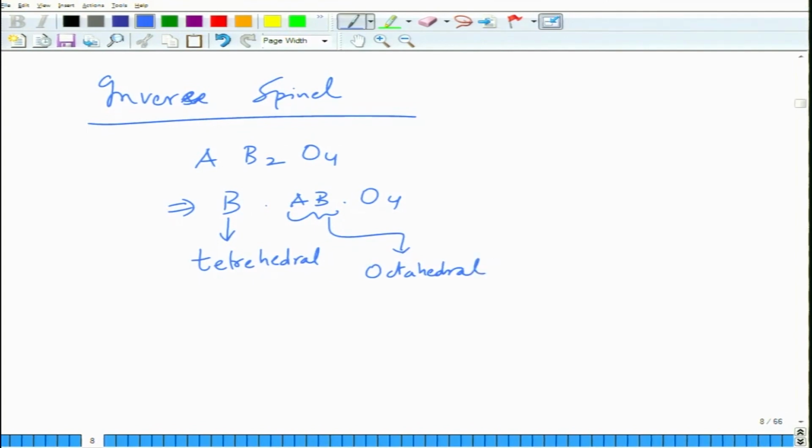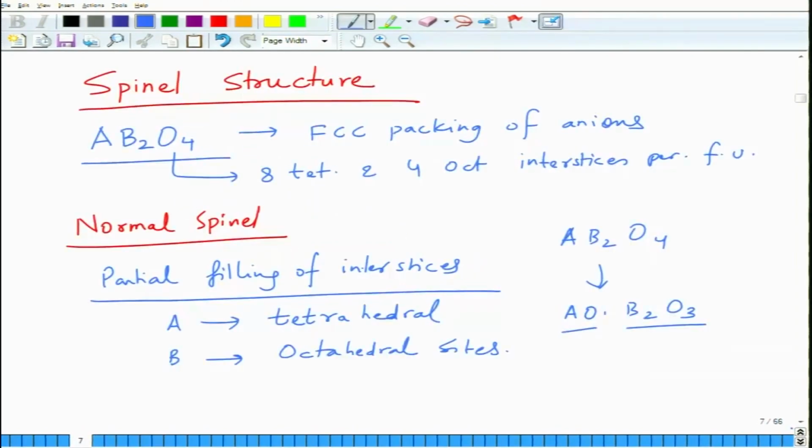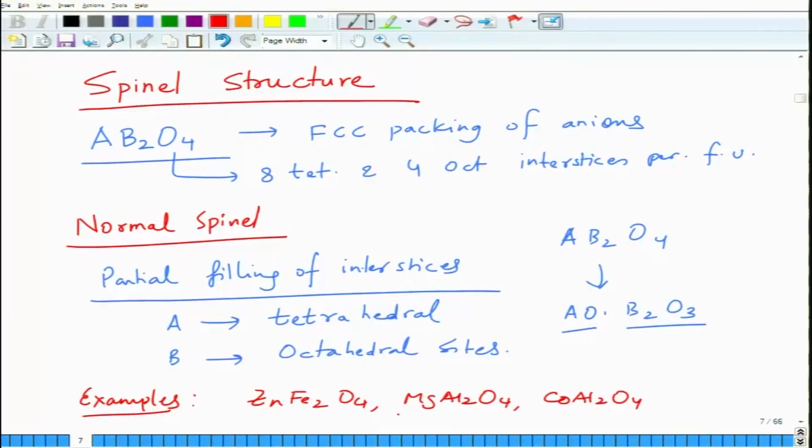So, these are two variants of spinels, normal and inverse. Examples of normal spinels are things like ZnFe2O4, MgAl2O4, CoAl2O4, cobalt aluminate, magnesium aluminate, and so on and so forth.